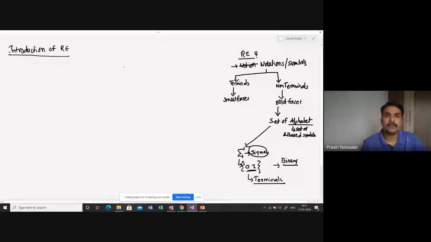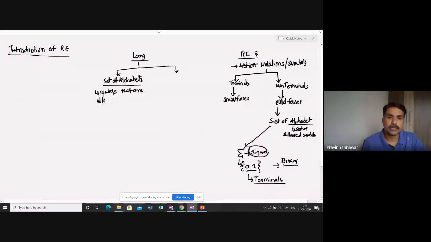Now, one more important thing we need to consider is that if you have a language, then the language has two important inherent points which you need to understand. What are they? They are called the set of alphabets. By alphabets, I mean the symbols that are allowed in a language.